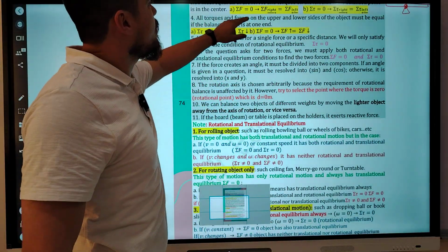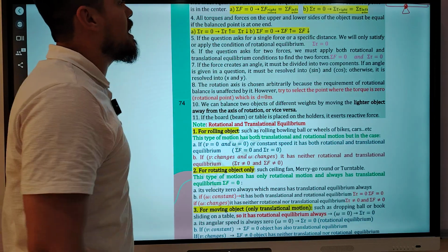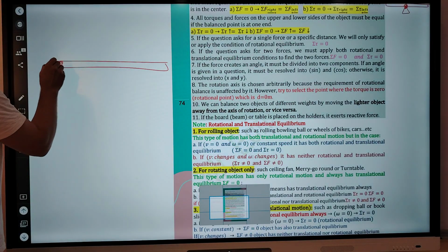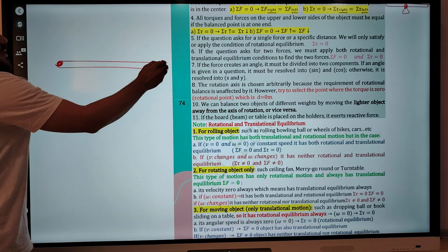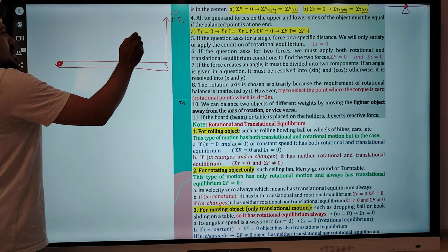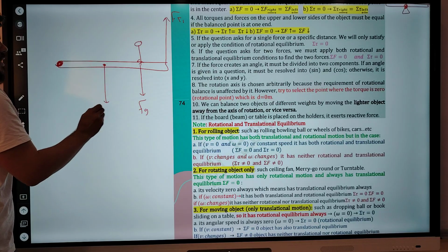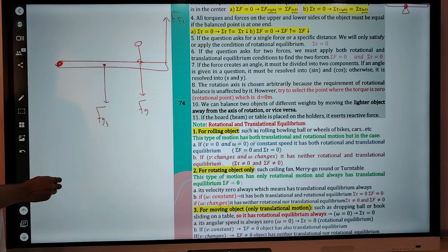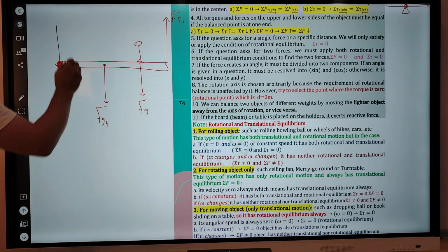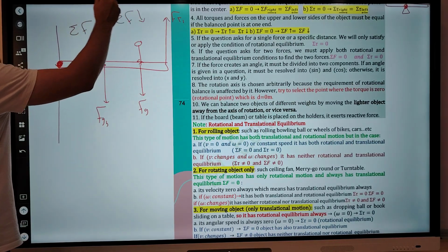But all the torques and forces on the upper and lower sides of the object must be equal if the balancing point is at one end. For example, if the balancing point is located at one end, okay, and you have FT1, FG and FB, in that case, because the axis of rotation is located at the end, you have to say all upward force is equal to all downward force.